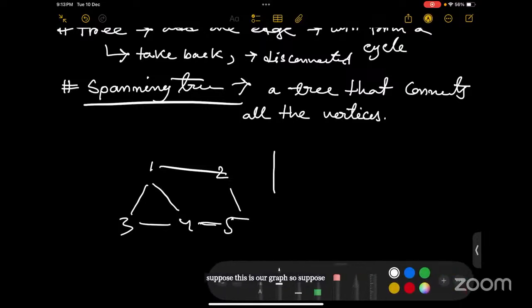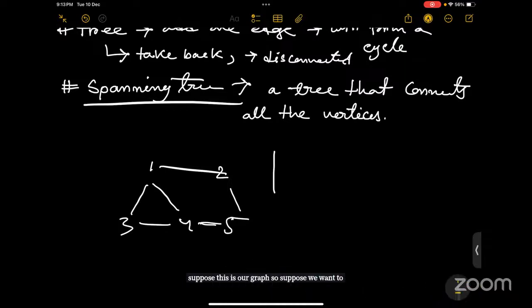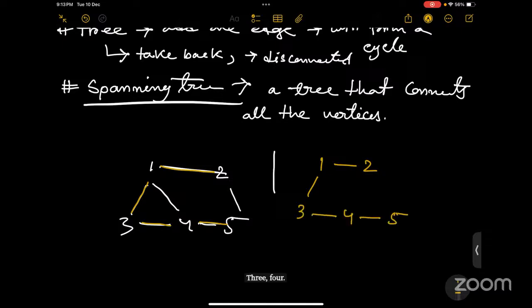Suppose we want to compute the spanning tree. That means the edges which will contain all the vertices, right? So we can take this edge, then we can connect it with this. We can take this and this, right? So this is 2, 3, 4, 5. So this is a spanning tree, right?